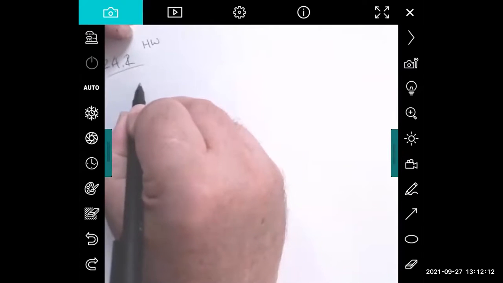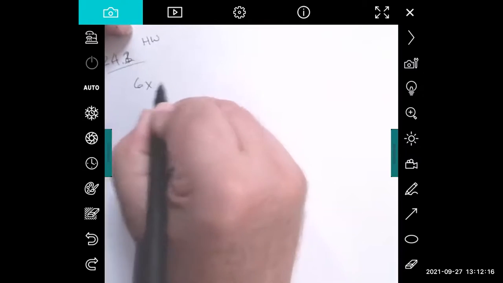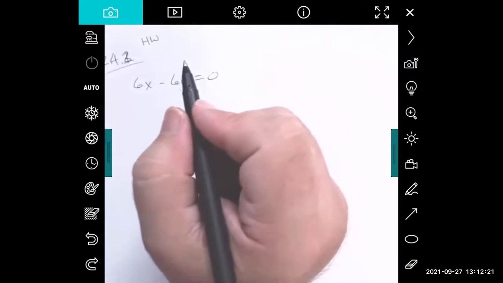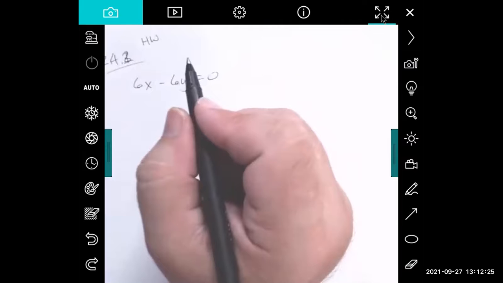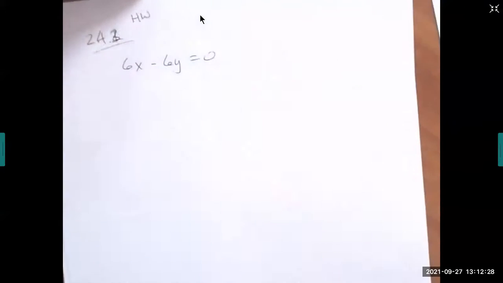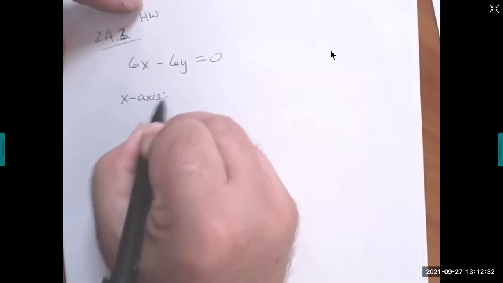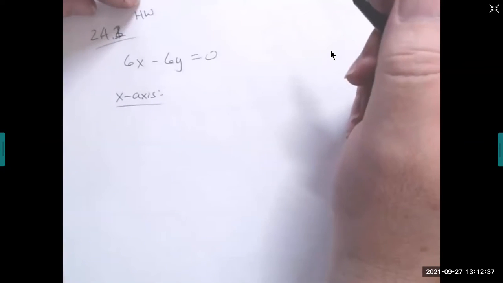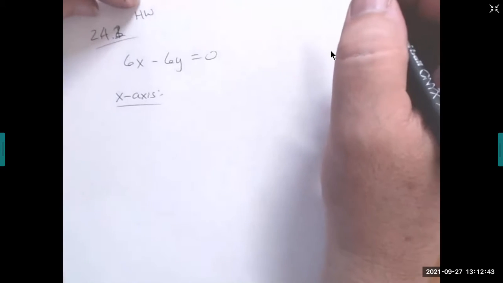So we have question number 3. 6x minus 6y equals 0. So let's try the x-axis first. Is this symmetric about the x-axis?